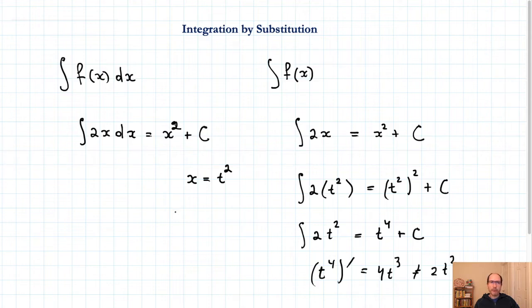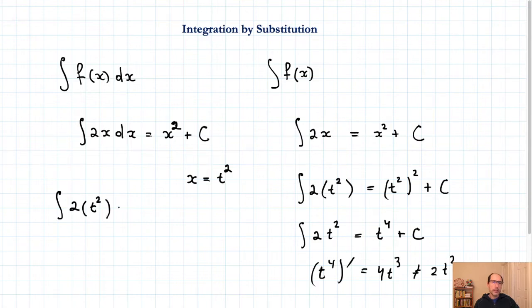Now let's make that substitution x equals t squared on the left hand side, where I'm including dx in the notation for the integral. On the left hand side we would get integral of 2 times t squared, substituting t squared instead of x.